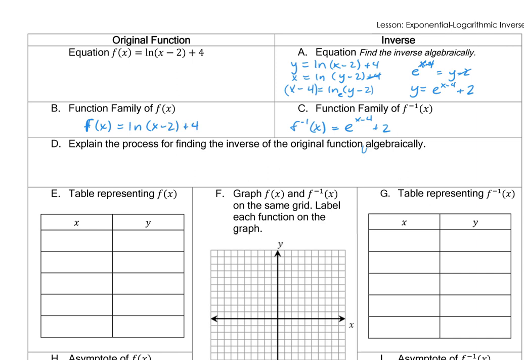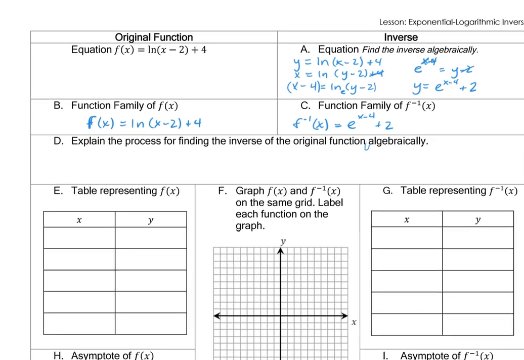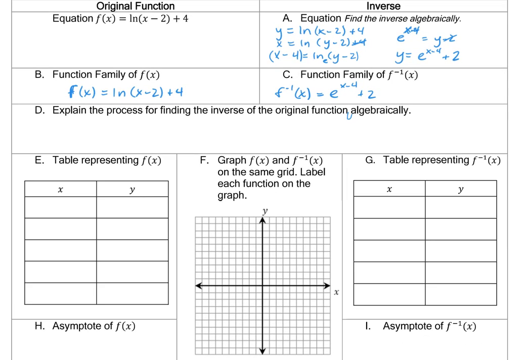Okay, so to explain the process for finding the inverse, we're just going to say the steps. So the first step was replace f of x with y. Switch x and y.